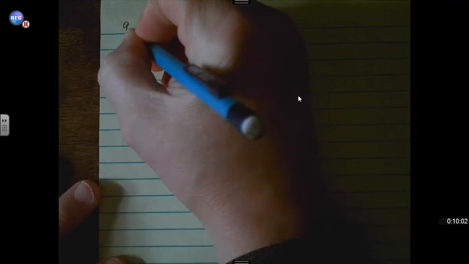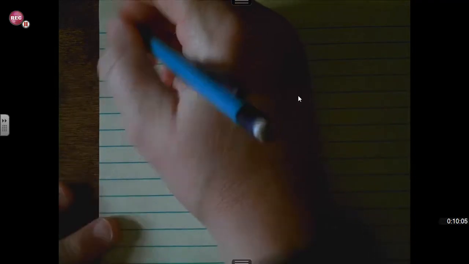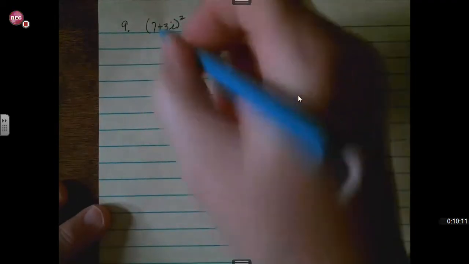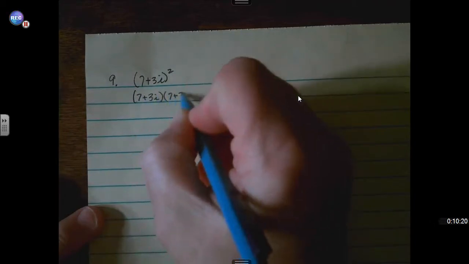Number 9, 7 plus 3i, squared. You need to remember that that's going to be 7 plus 3i times 7 plus 3i.